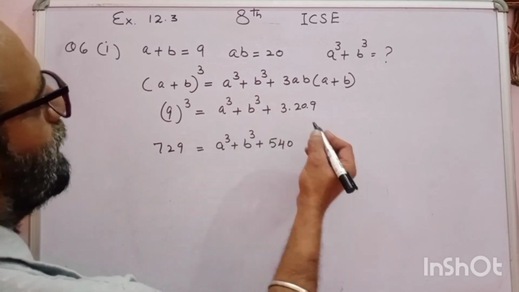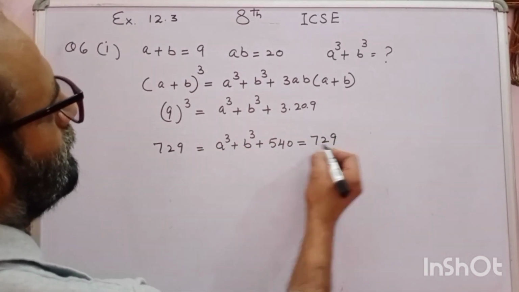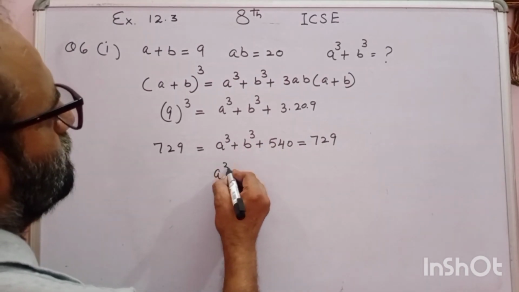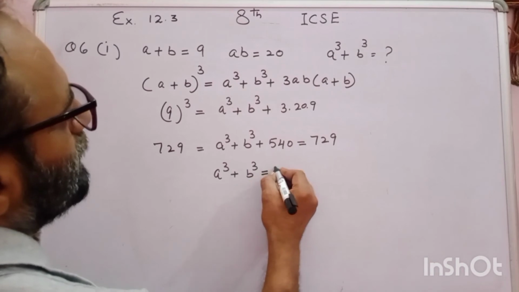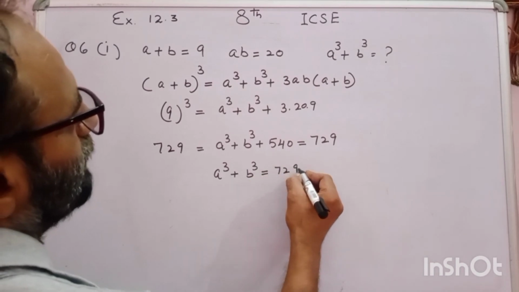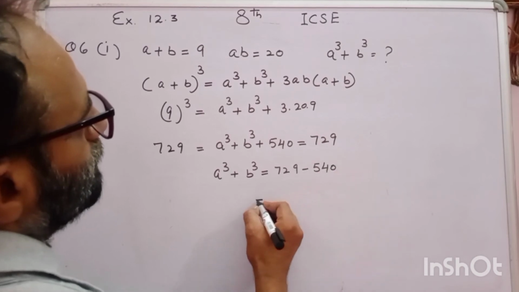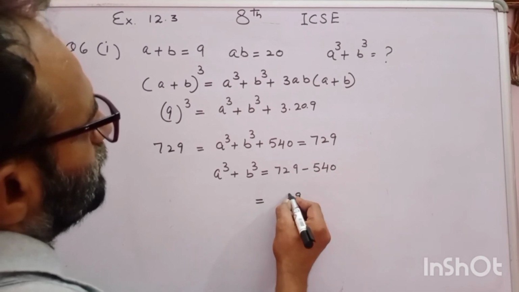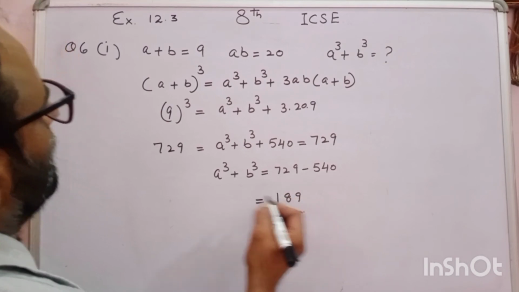Now 729 we will write on the other side. So a³ + b³ we get 729 − 540. It is equal to 189.